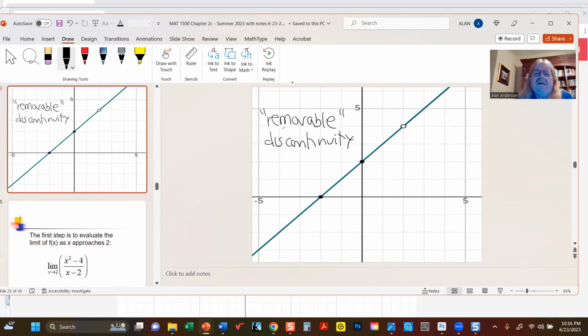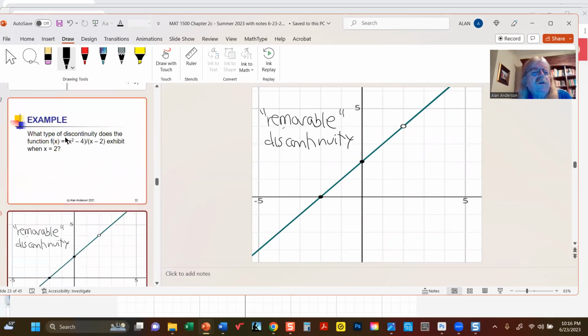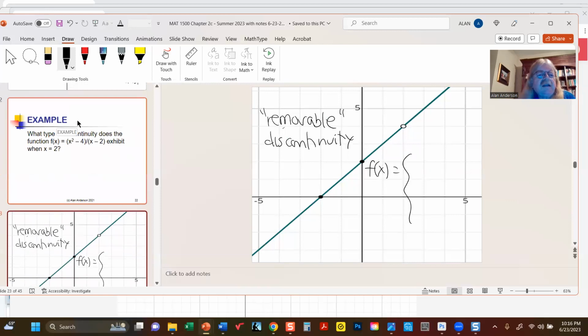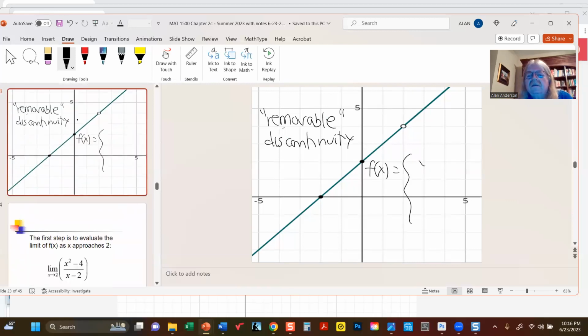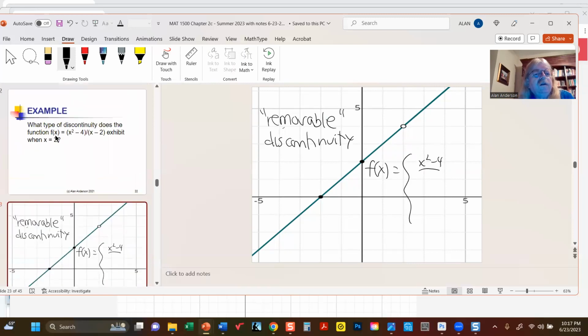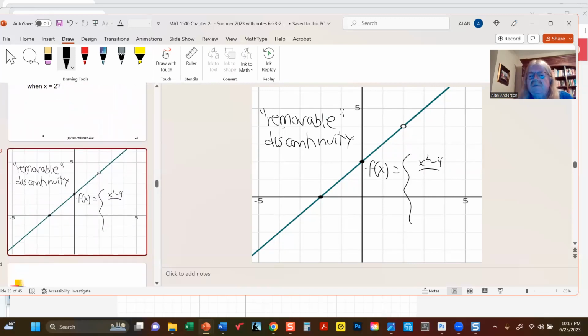Now, why do we call it that, by the way? Well, here's why. Because what you could do is something like this. Suppose you have this function, and it says here that it's x squared minus 4 over x minus 2. You could turn it into a piecewise function.